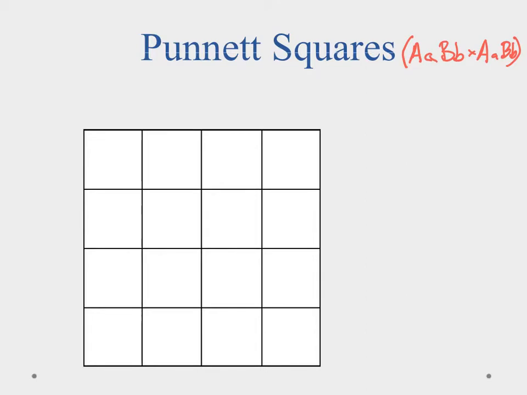So let's start off and figure out how we determine what we're going to place in the top here. If we start off with our genetic condition of capital A, lowercase a, capital B, lowercase b, then we go through the process of meiosis, and we can make four different gametes from here. We're going to see all the possible pairs. I'm going to focus on the first one and realize that I can have a capital A or a lowercase a.